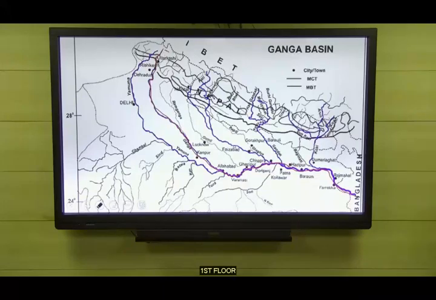Okay, so some important tributaries in the Ganga system. Chambal river.